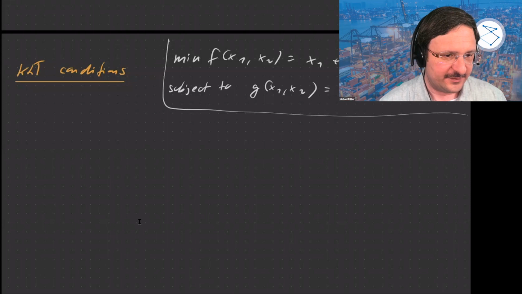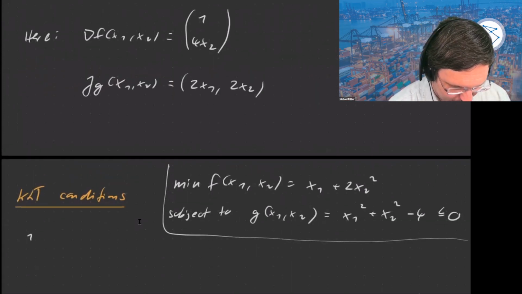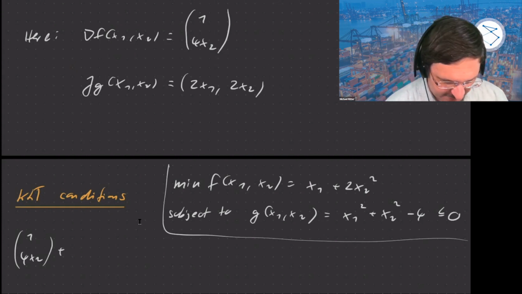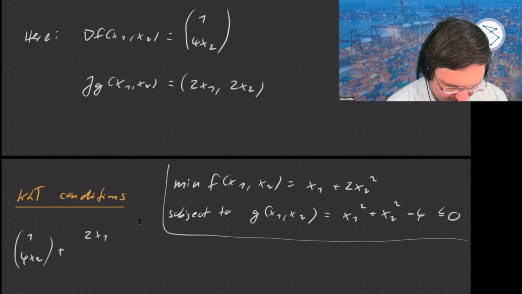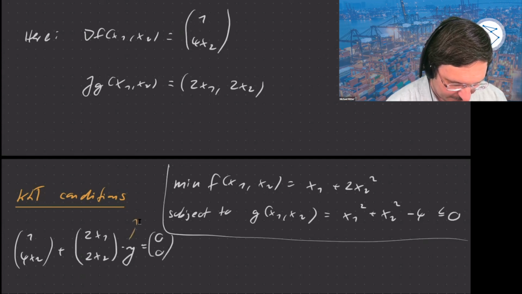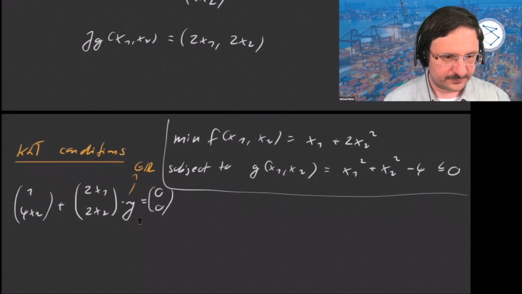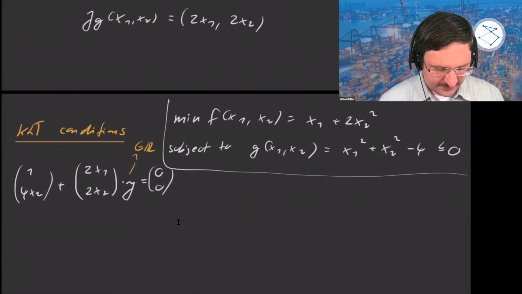So the first condition we get here is the gradient, that is 1 and 4x2, plus the Jacobian transposed, that is 2x1, 2x2, times a multiplier y, equals 0. And again, that multiplier y is one real number, yeah? So that's the Lagrange condition.